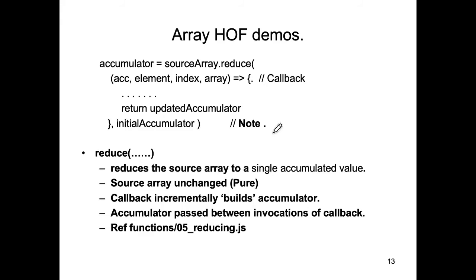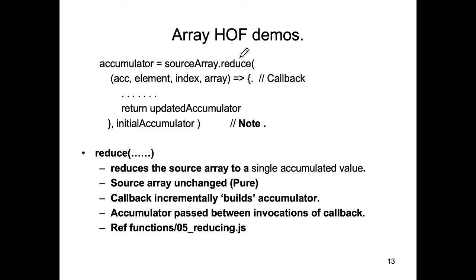And so the updating of the accumulator is what will be done in the callback that we pass to reduce. The other thing you need to tell reduce is what is the initial value for your accumulator, and it is important that you get that right.